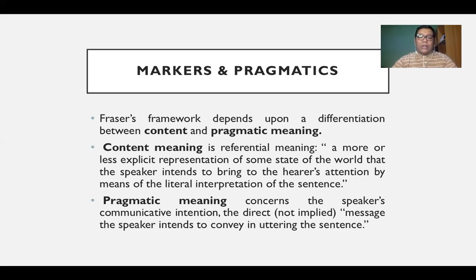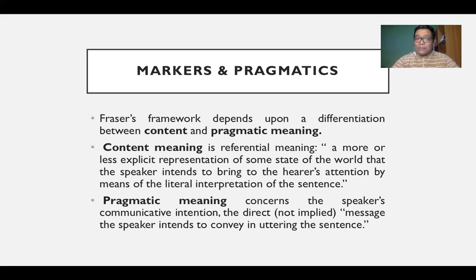So when you say content meaning, this suggests that it is actually what the meaning suggests literally, okay, based on how it is used in the sentence. On the other hand, when you talk about pragmatic meaning, this one concerns the speaker's communicative intention. So this is the implied meaning, okay? It's actually the direct meaning which is being suggested towards another discourse marker.